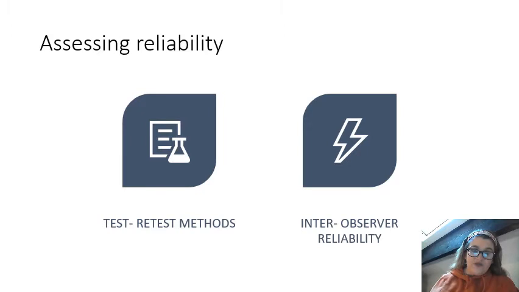Also, as part of a test-retest method, to know that we've got that reliability, we would plot those 2 different scores on a scatter graph because we need to show that there is a strong correlation. In the booklet there, you can assess them using the Spearman's Rho test. Now, we haven't looked at that yet, but we will be looking at that in September, and you need to know what the purpose of that is. So don't worry too much about that yet, but it is just a statistical test looking at correlation.